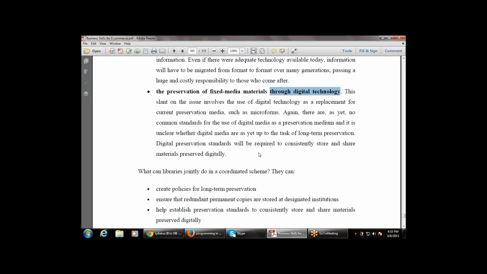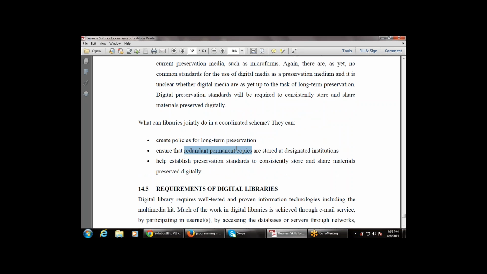Then they ensure that redundant permanent copies are stored at designated institutions, so that if one copy of the data is lost, we can gather another. Then they help establish preservation standards to consistently store and share material preserved digitally.